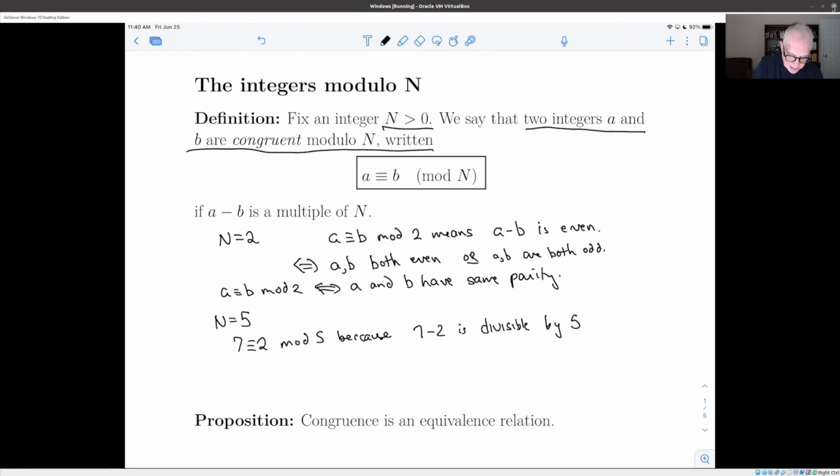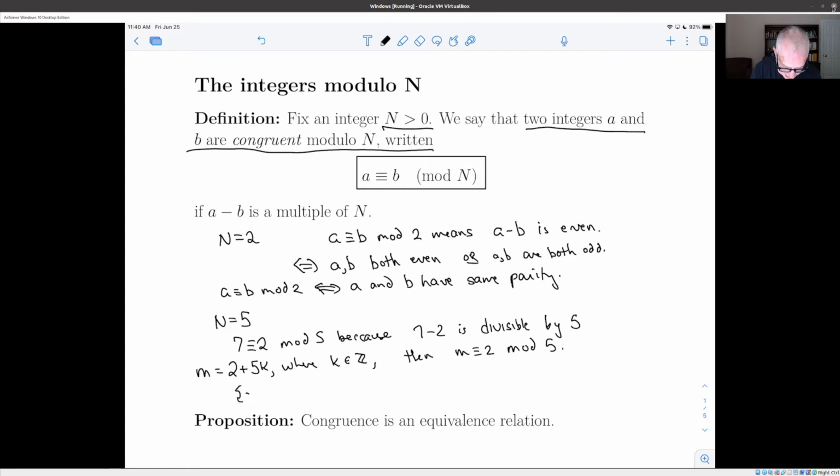And similarly, if you take any number m of the form 2 plus 5k, where k is an arbitrary integer, then m is going to be congruent to 2 mod 5. So the numbers which are congruent to 2 mod 5 are the arithmetic progression, which starts with 2 and takes steps by 5 in both positive and negative directions.